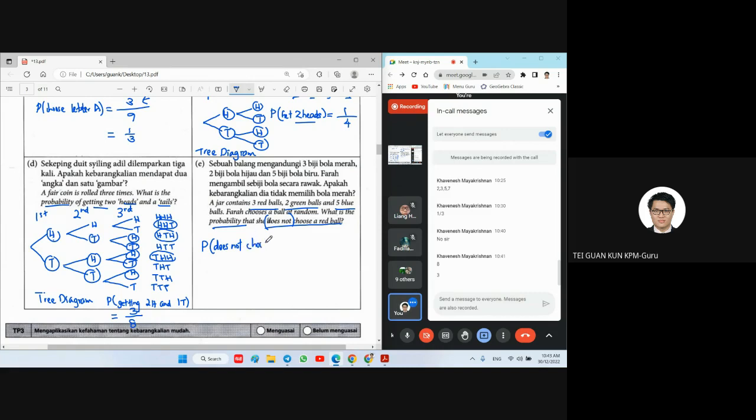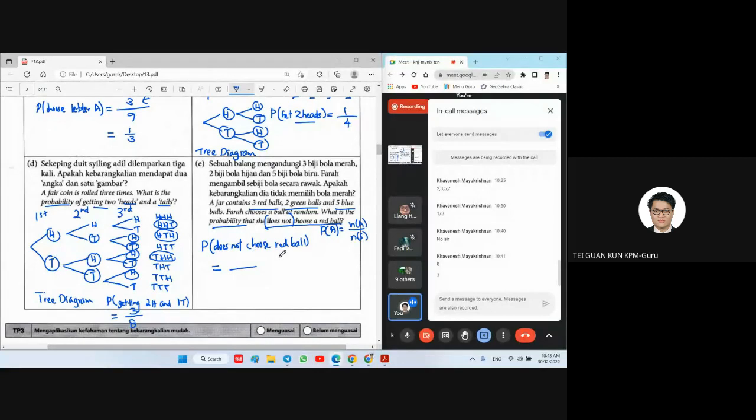Okay, so formulanya apa? Probability A, probability apa yang kita nak sama dengan bilangan apa yang kita nak bahagi dengan jumlah yang ada. So formula ni kena hafal lah.